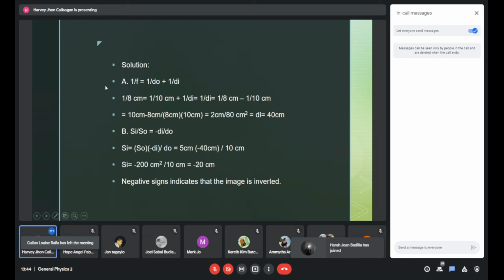Okay? So, substituting the given values, we have our f, which is 8 centimeter. So 1 over 8 centimeter is equal to 1 over 10 centimeter plus 1 over DI.